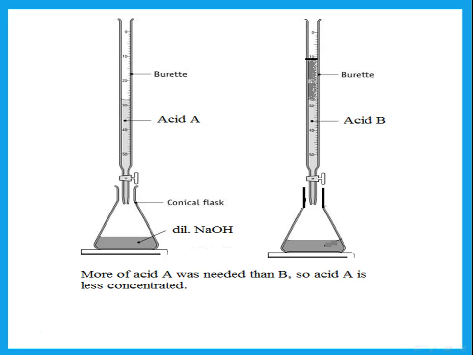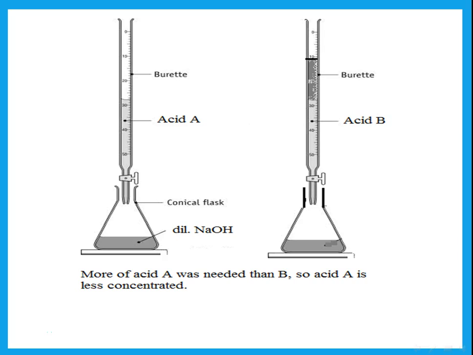So if I do the titration with acid A and I need a lot of acid A, does that tell me that A is concentrated or dilute? If I need a lot of something, that means it's not really concentrated, that means it's dilute. If I need less of acid B, I needed only a very small amount of B to neutralize the base, that means that B is more concentrated.